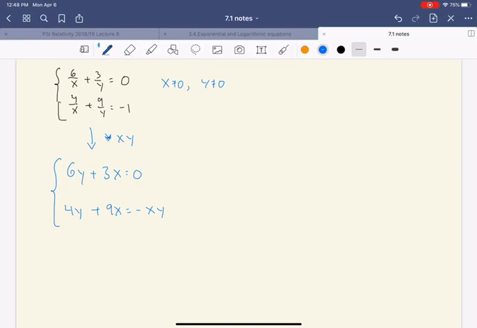Okay, now let's go ahead and do a balancing. So let's multiply row 1 by negative 3. So we're going to get negative 18y minus 9x equals 0. Keep row 2.